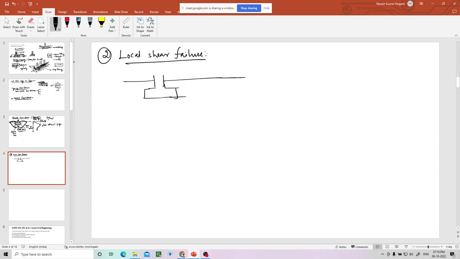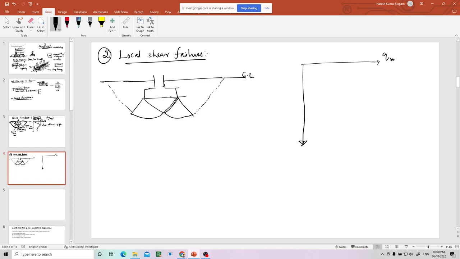You know this is ground level, and here also wedges will form when you apply the load. Now here the load settlement graph will be Q, and this is settlement.